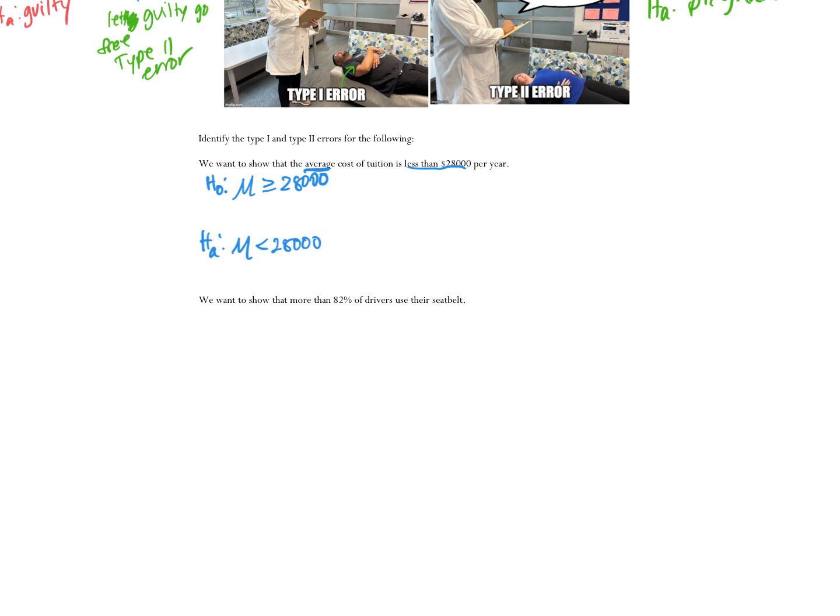So my type 1 error would be that we conclude the mean cost of tuition is less than $28,000 per year even though it isn't.